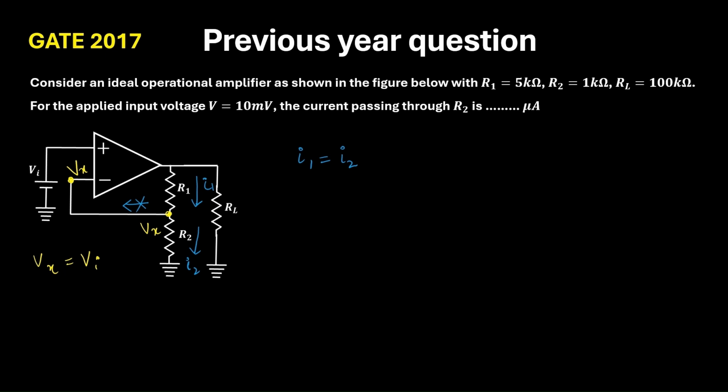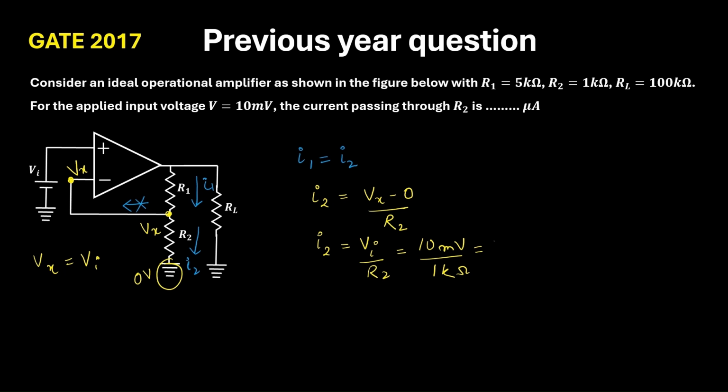Next, the voltage at this terminal will be 0 volt. So I2 will be equal to Vx minus 0 by R2, and Vx is equal to V input, so it will be V input by R2. If I substitute the values, 10 millivolt divided by 1 kilo ohm, the answer is 10 microampere.